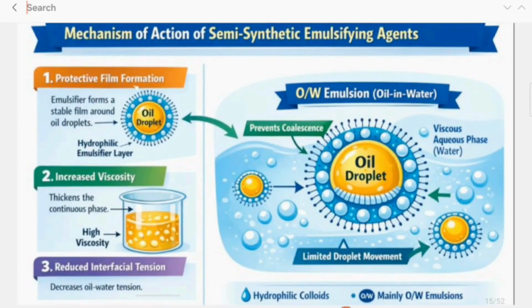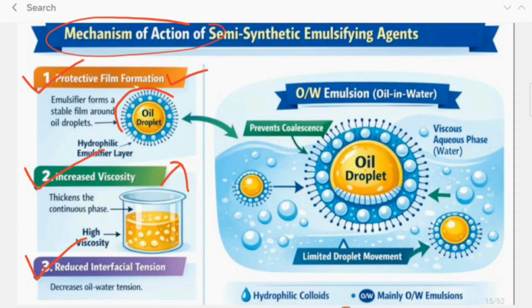Now, what is the mechanism of action of semi-synthetic emulsifying agents? They act by three different mechanisms. One is protective film formation, another is enhanced viscosity, meaning they increase the viscosity, and the third is reduced interfacial tension. Protective film formation: they form a protective film surrounding the dispersed droplets.